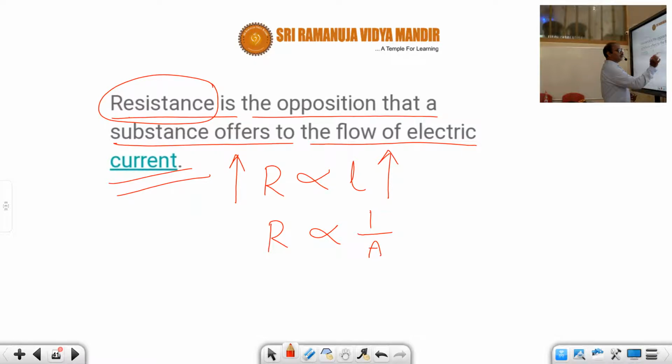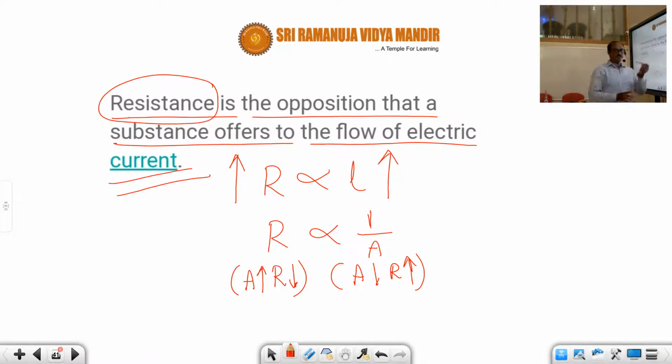If directly related, R is directly proportional to L. Now inversely related indicates that if the area is increasing, then the R value is decreasing. If the area is decreasing, then the R value is increasing. That is the relation between the resistance and the area of cross section.